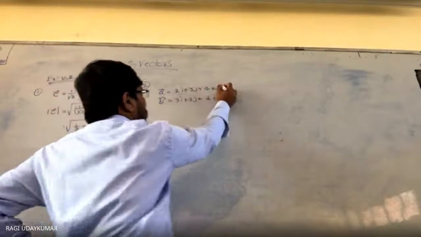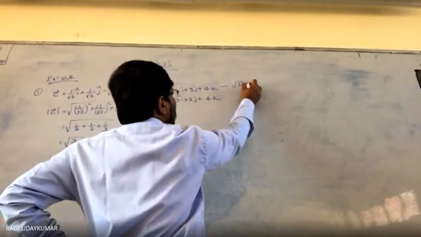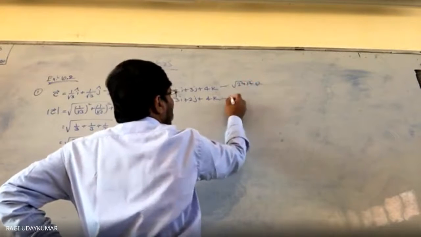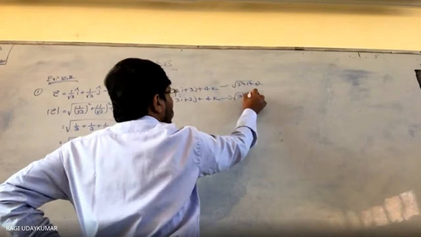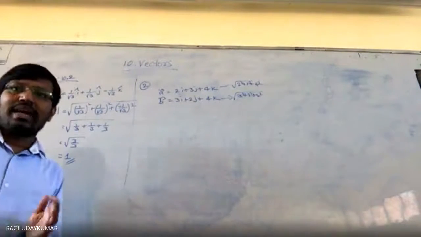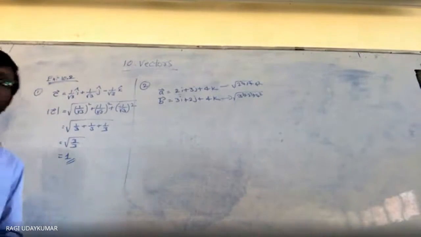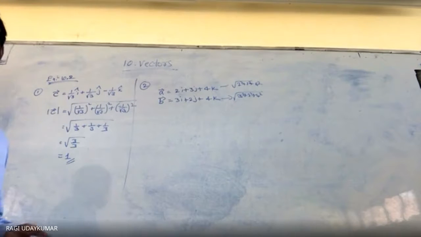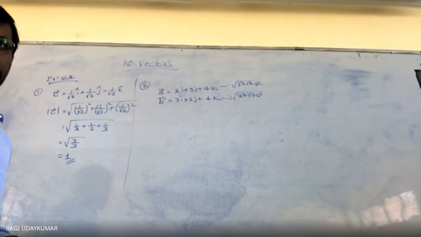Look, the magnitude of this will be under root of 2 square plus 3 square plus 4 square. The magnitude of this will be under root of 3 square plus 2 square plus 4 square. Both will be equal. Giving two vectors having the same magnitude is not a difficult task for you. Any answer of your choice you can give. Okay? समझ में आया?